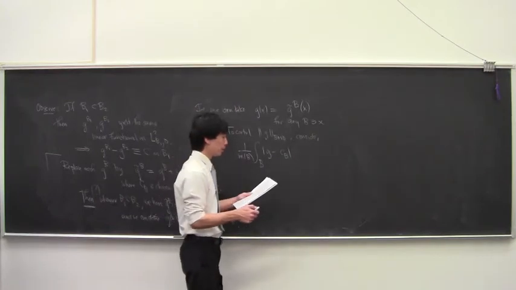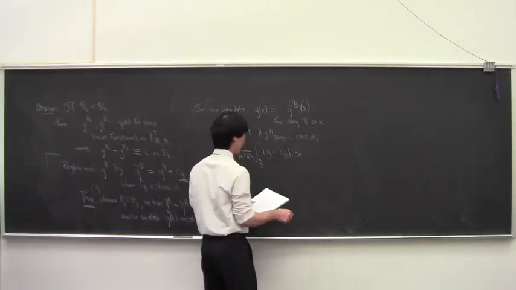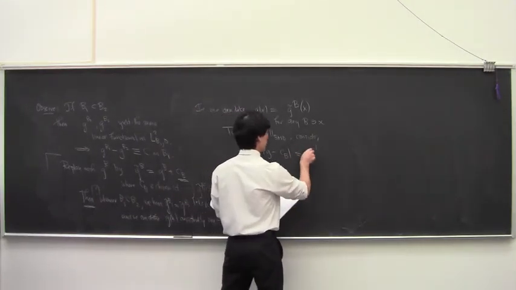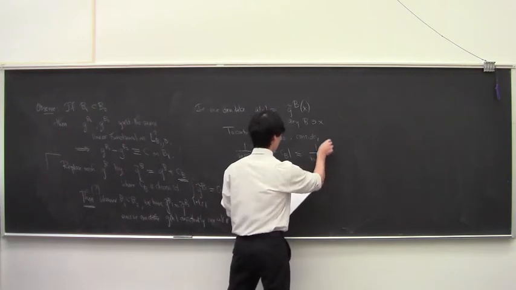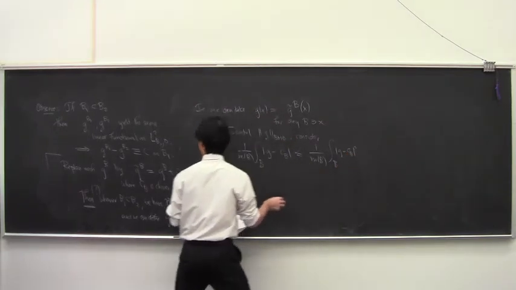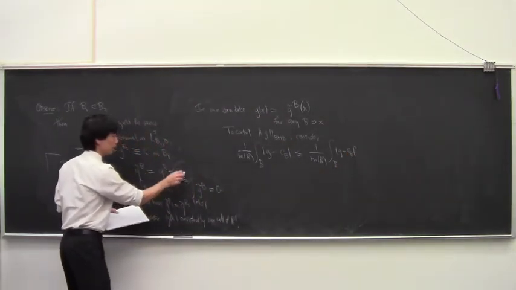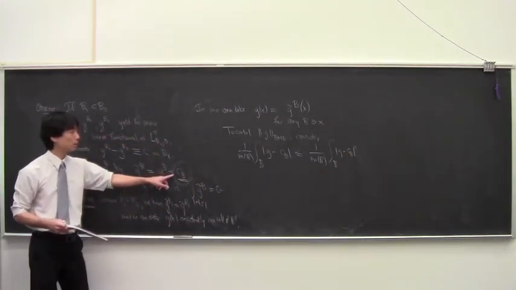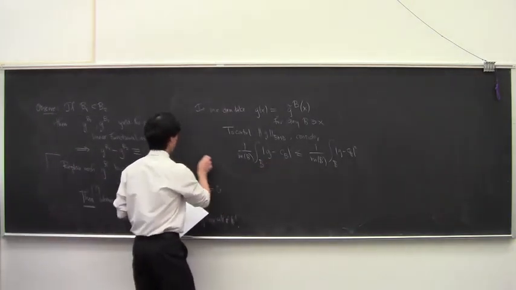So by Cauchy-Schwarz, we know that this is controlled by, where CB is the constant that we added on over here. CB is this constant.